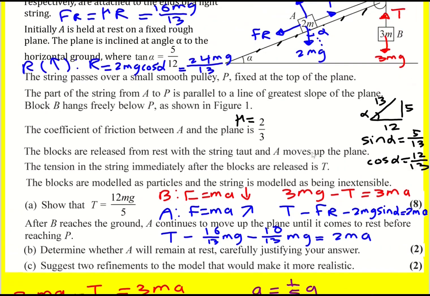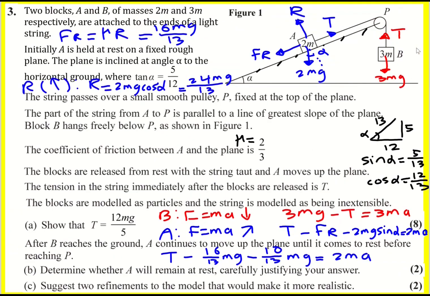Let me just summarize what we just did because there was a lot going on there. We worked on the equation of motion for B. I'd always do that one first because there's a lot less going on. And then we looked at A, loads more to consider. At one point I equated R with the component of 2mg acting perpendicular to the plane, and that helped me work out friction using the coefficient of friction.